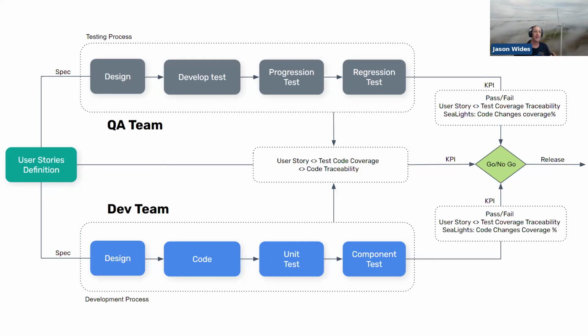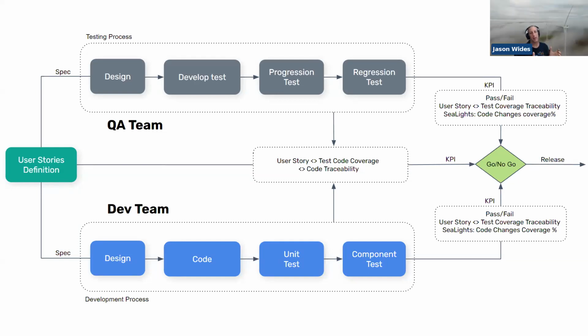We can understand the user story itself, which we take from tools like Jira. We understand the tests that were run, the test code coverage, what was actually hitting the code. And we've got the code traceability from Git itself, whether it's GitHub, Bitbucket, GitLab, and so on.